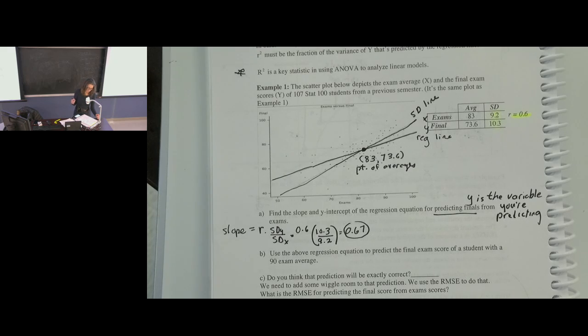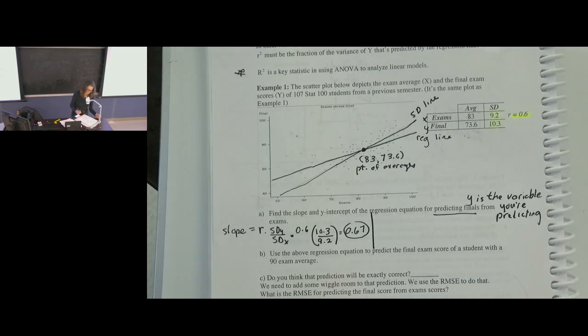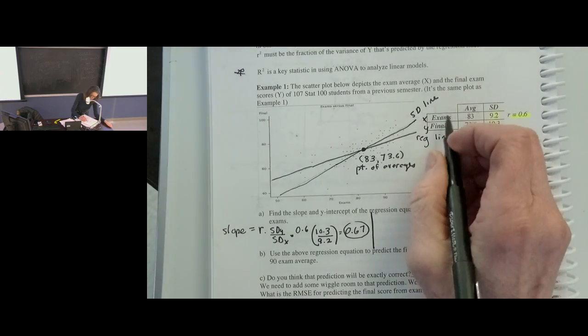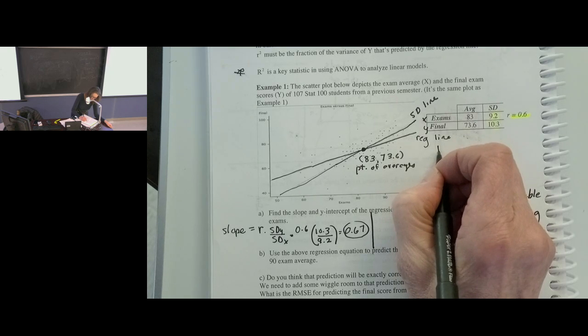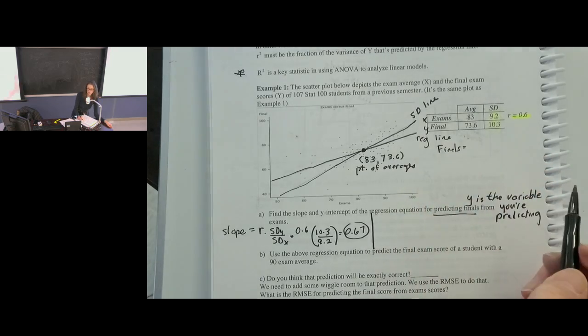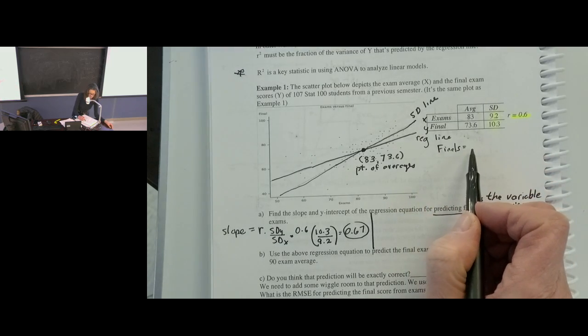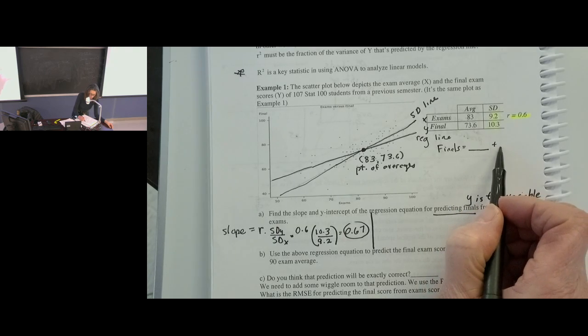Now, how do we get the y-intercept? Let's look up here. What do we have so far? We have our y, finals, is equal to, now you're usually used to putting the slope first, but in statistics we put the intercept first and then the slopes.